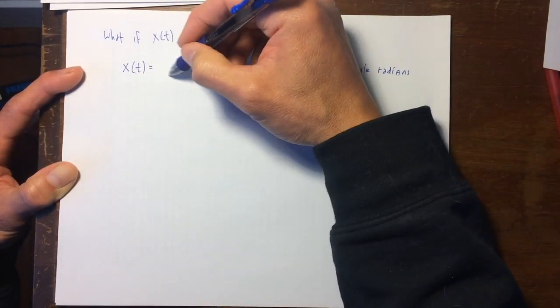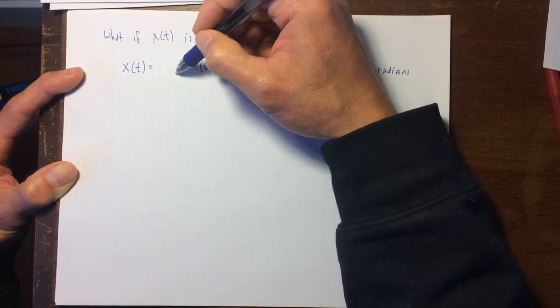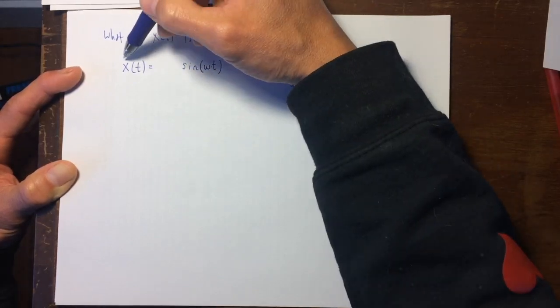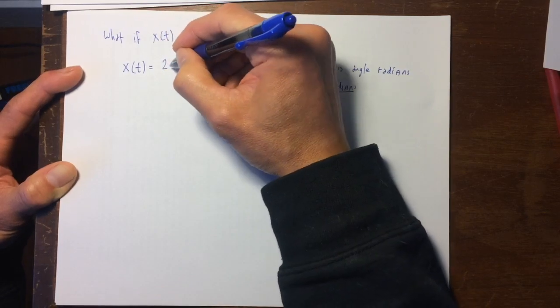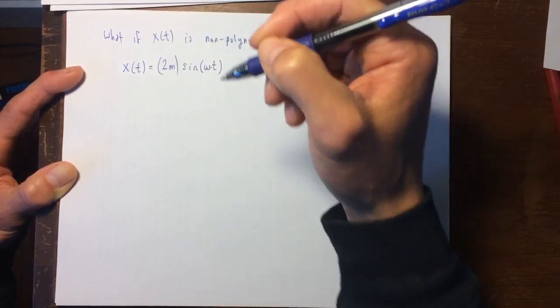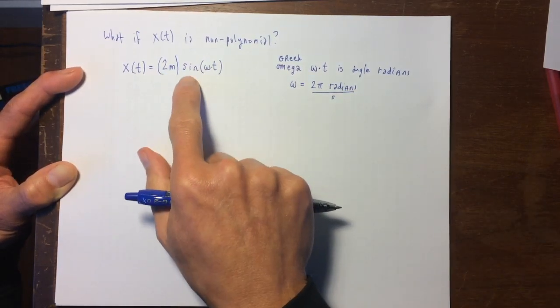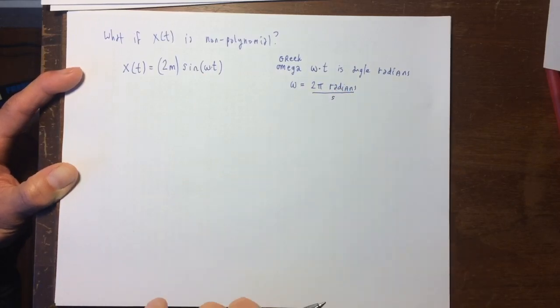So I'm going to put something in front called an amplitude, but that amplitude needs to have the right dimensions such that the position has some meters in it, for example. So I'm going to give an amplitude of 2 meters, like this. All right, so 2 meters times sine of omega t, where omega is 2 pi radians per second.